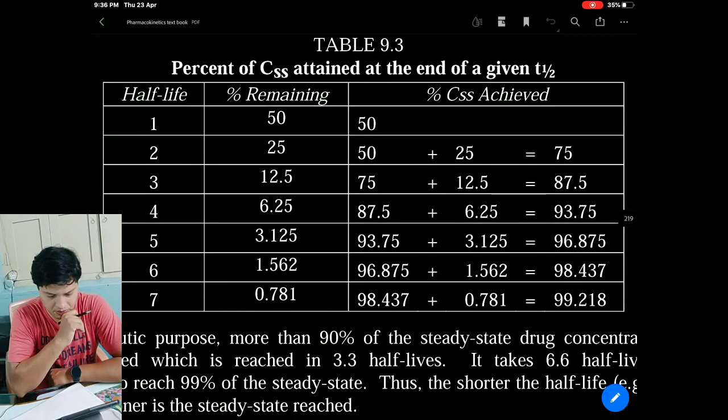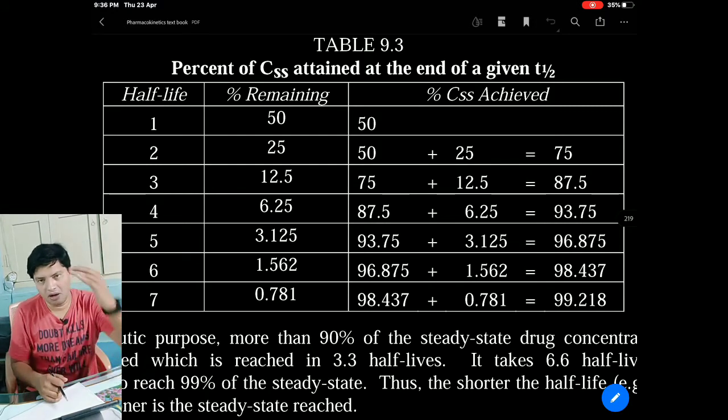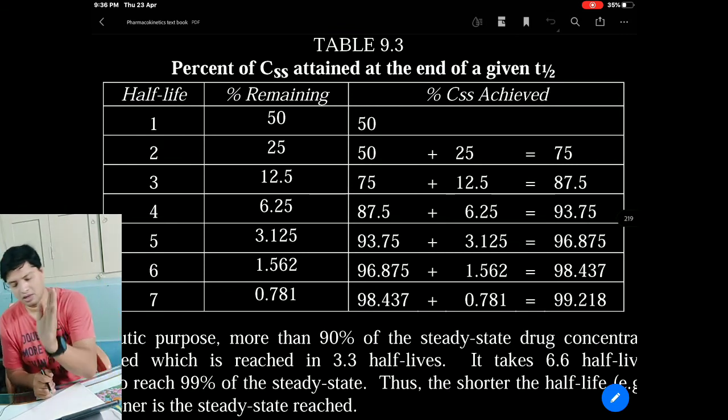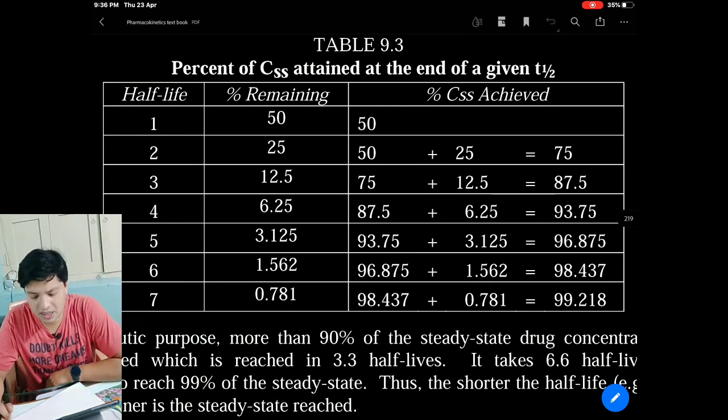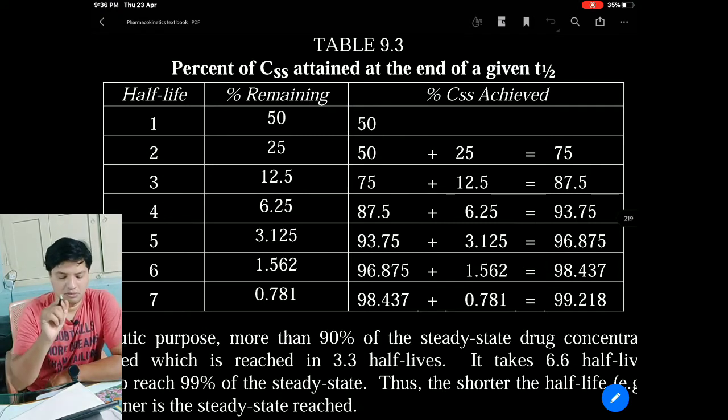Here on the left side we have the drug half-lives, then the percentage of drug remaining, and another column, the percentage of steady state achieved. Now assume, after one half-life what happens here? The 1, 2, 3 does not mean time.